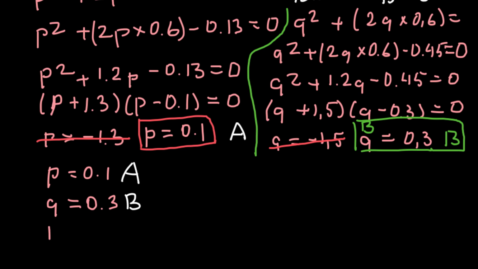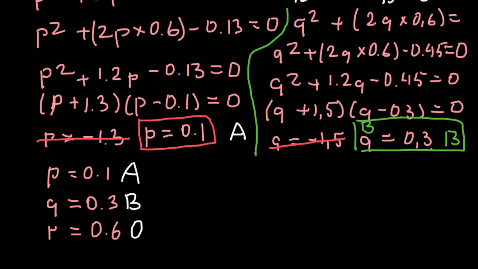And R, frequency of this allele, is equal to 0.6, and this stands for the allele O, frequency of the occurrence of the allele O in this population.